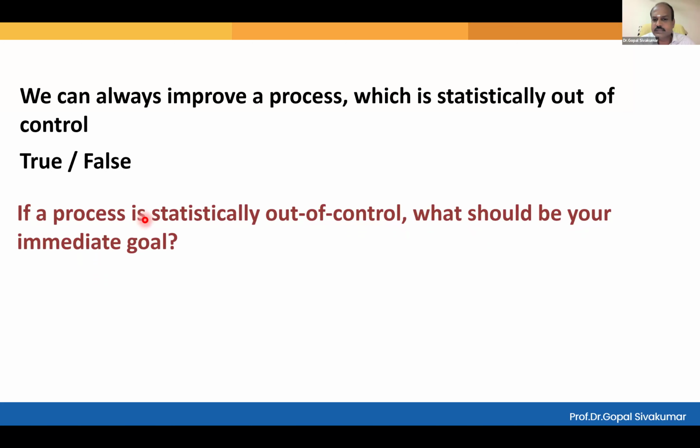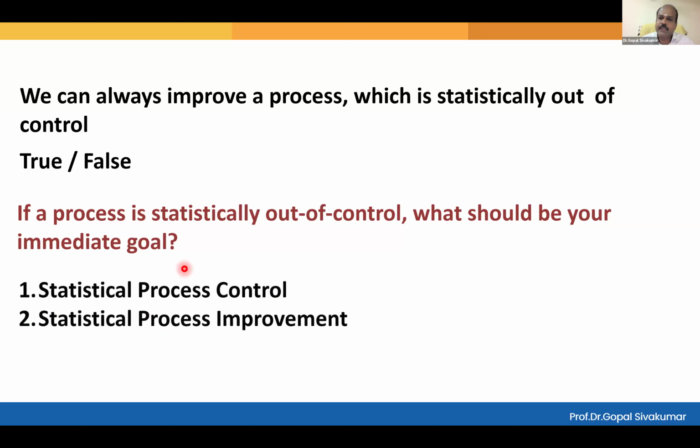So if a process is statistically out of control, then your immediate goal must be SPC, right? Otherwise, if you are only concerned about achieving a temporary improvement, you're not being systematic. But for permanent, sustainable improvement, yes, you have to go in this order.